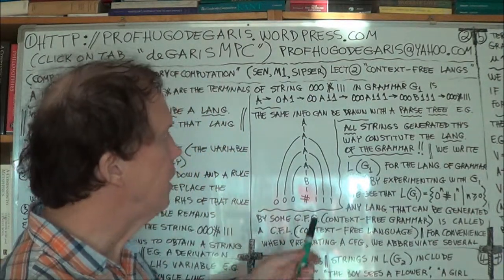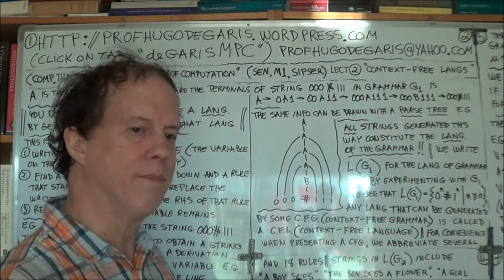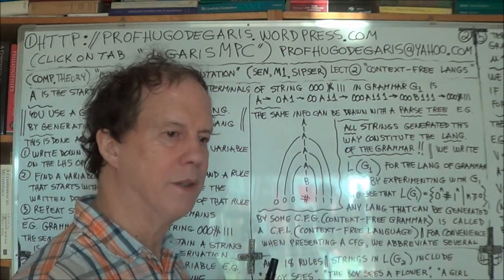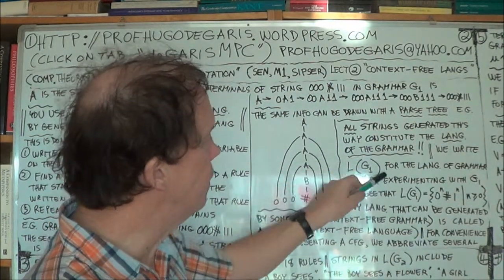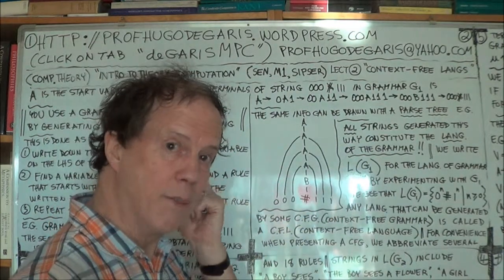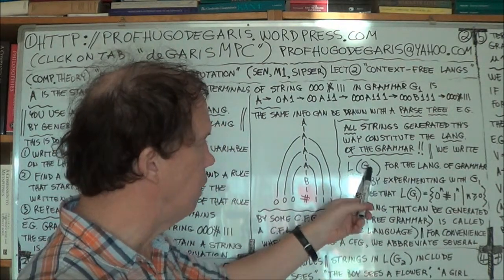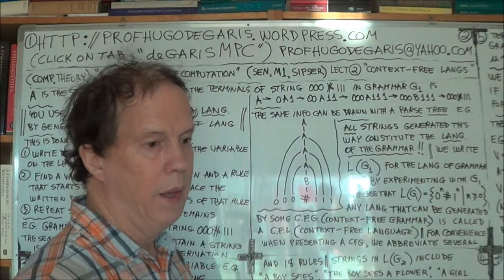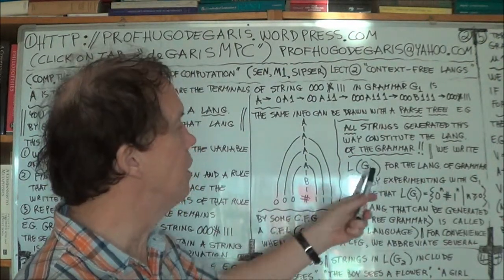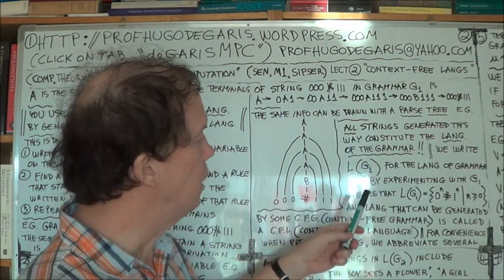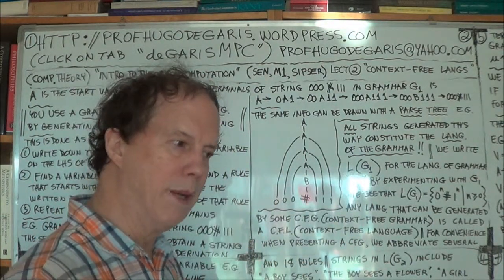Okay? Alright, now the language that is generated by a grammar, you write this way. Now you've seen this sort of thing before in the previous chapter, where we had, for example, L of R, and R would be some regular expression. So analogously, now we just write L of G. Before, when we had L of R, what did that mean?